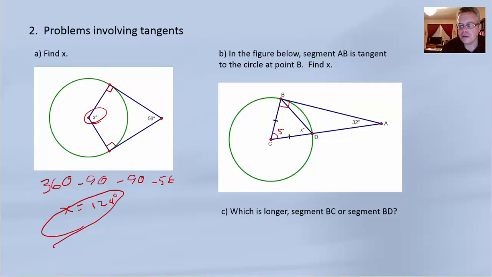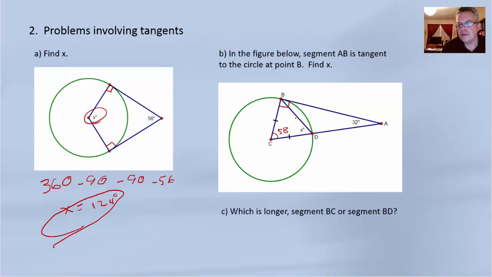This must be 58. Now we have to use the fact that this is an isosceles triangle. It's actually isosceles because CB is a radius and CD is a radius of the same circle, so they have to be congruent. And they're marked congruent for us. So if we do 180 minus 58, that's 122.